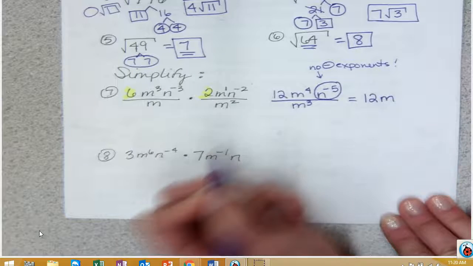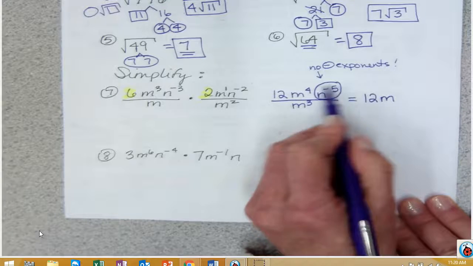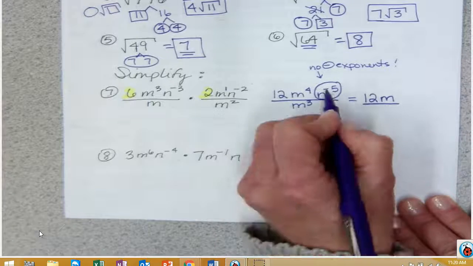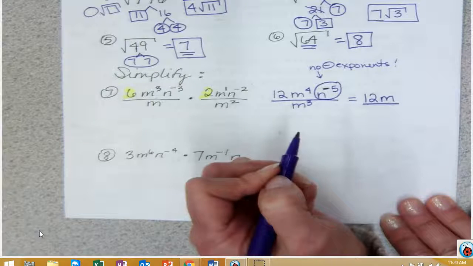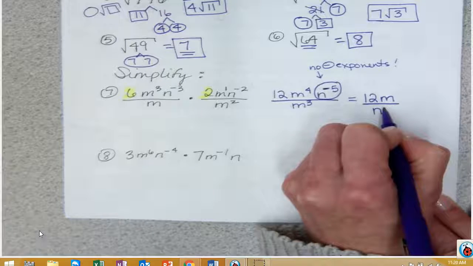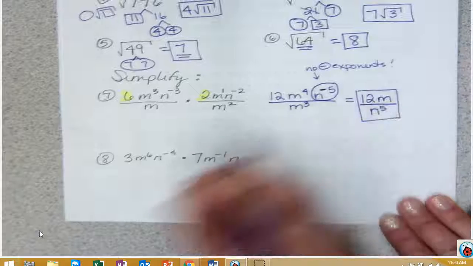So I'm left with 12m. Then this whole term goes to the denominator because of this negative exponent. This does not mean it's a negative number. It goes into the denominator as a positive number. And here's your answer.